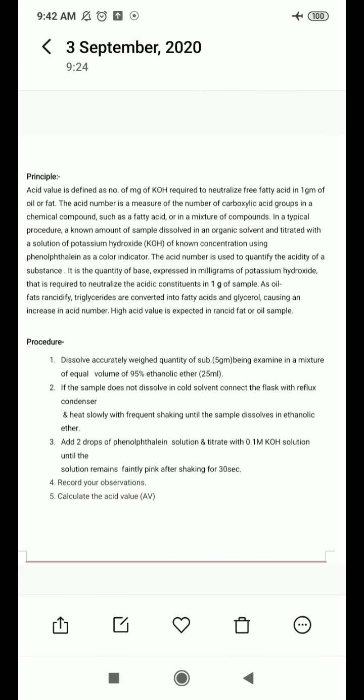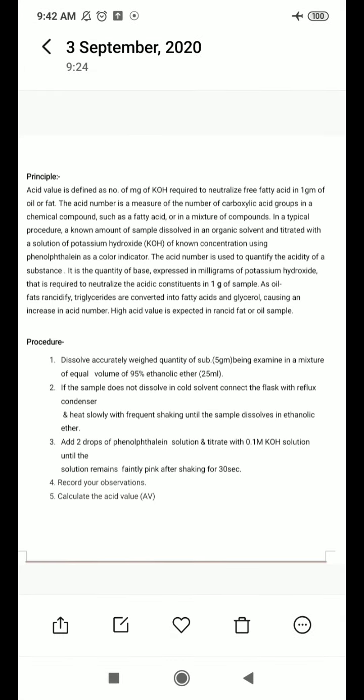The acid number is used to quantify the acidity of a substance. It means the more the acidity, the higher the value, and what is the indication?